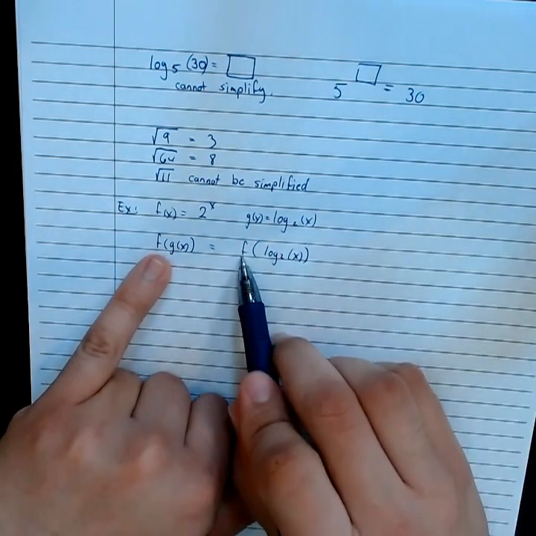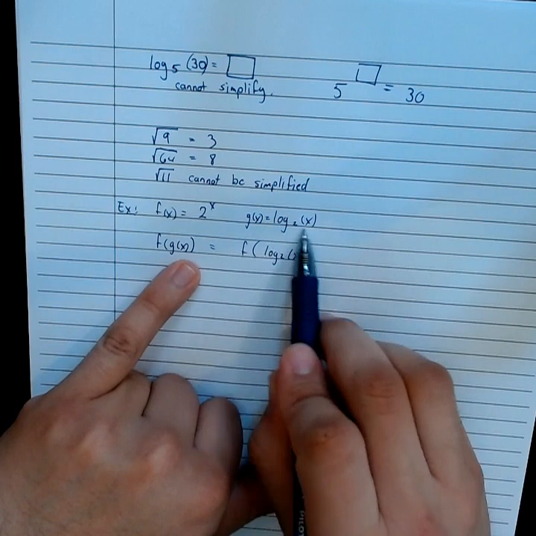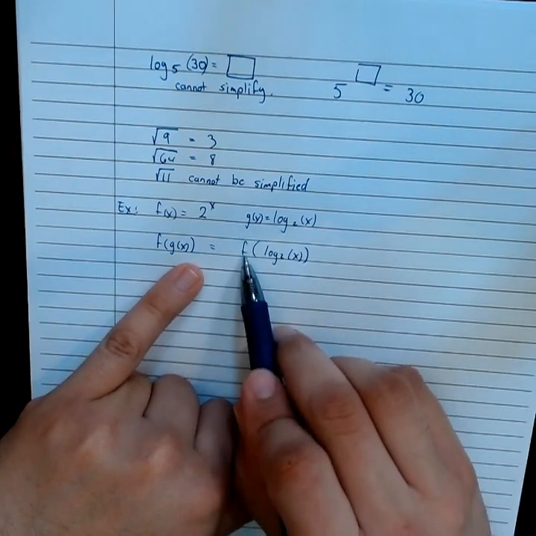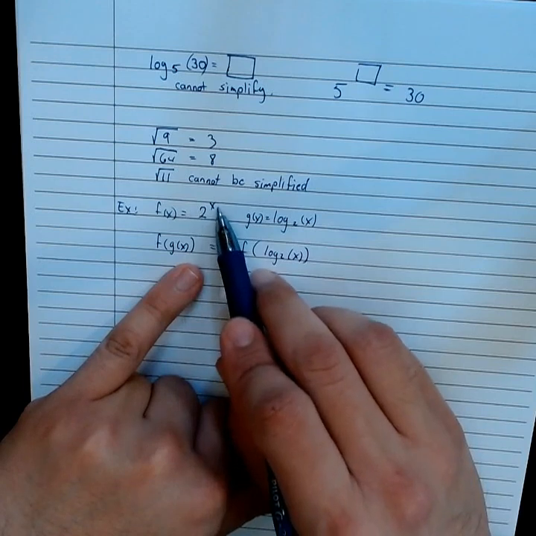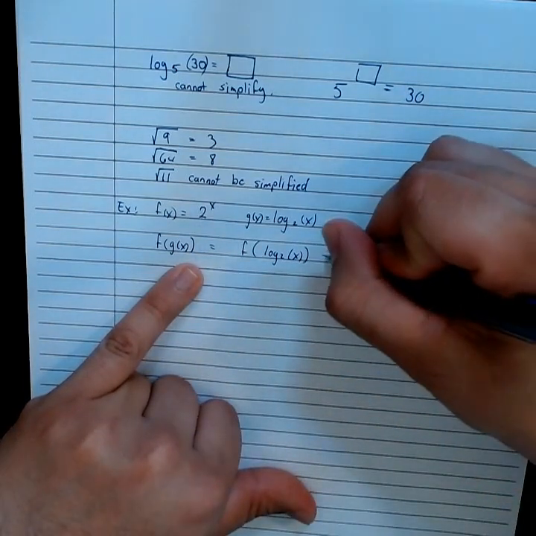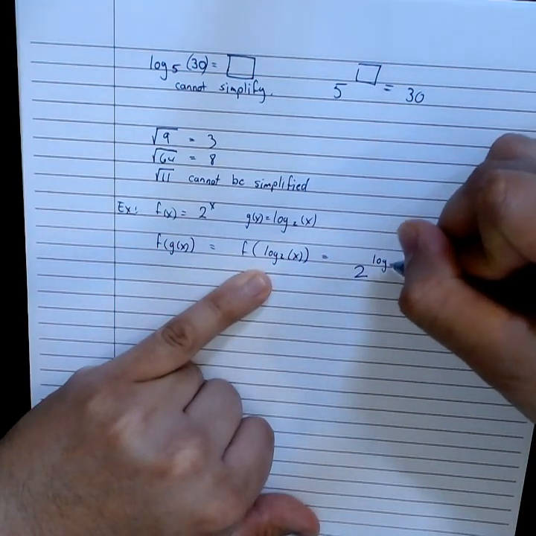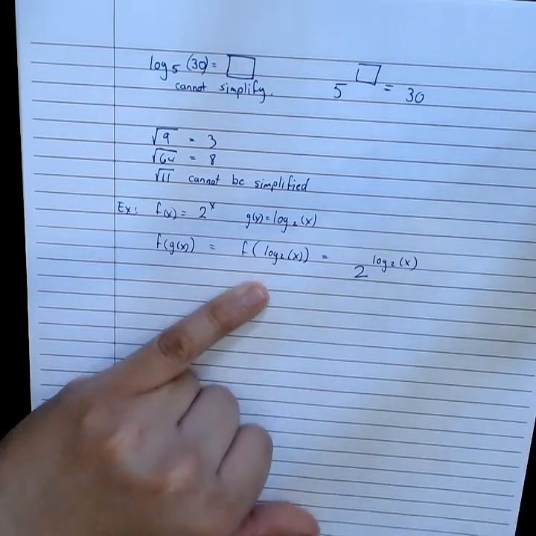So that's f of my g. I've replaced that for g. But now f is the function that says whatever you plug into me, I'm going to use that as the exponent on the number 2. So that's going to be the number 2 raised to what we just plugged in, log base 2 of x.